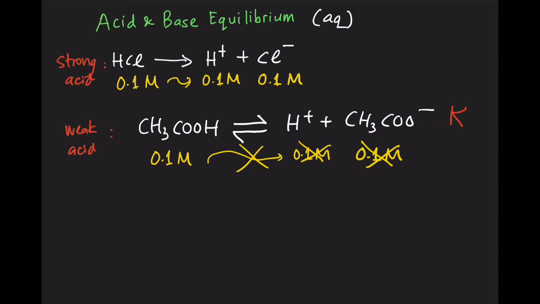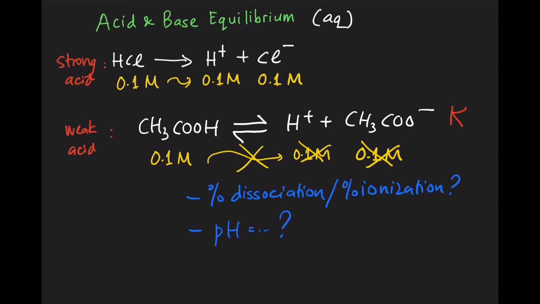So the question is, how do we determine how much is the dissociation? So the percent of dissociation, or another name for this would be the percent of ionization. And further on, how do we determine the pH of the solution?